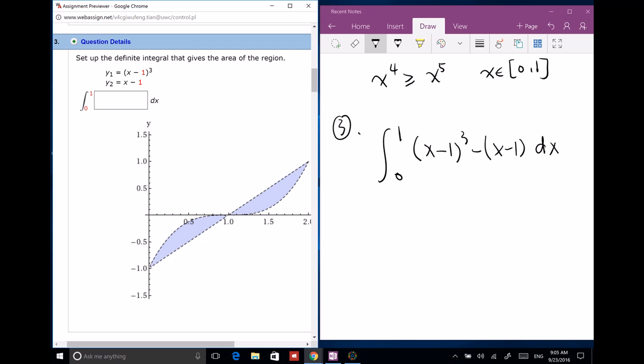But the answer here obviously only has one integral. It doesn't have two integrals added together. So what do you think I need to do here? Look at the answer: it's from 0 to 1 and dx, there's no integral after that.